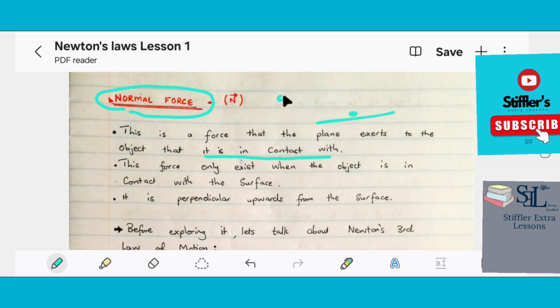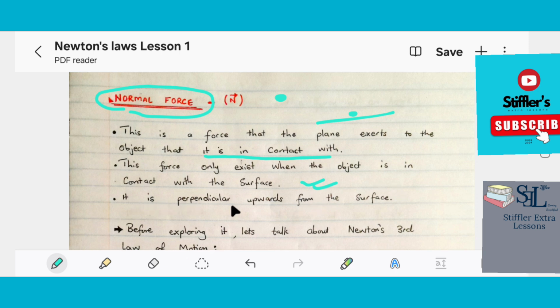It will also mean that if the object is freely hanging, not on any plane, it doesn't have normal force. So this force only exists when the object is in contact with the surface. That's when the normal force is present.